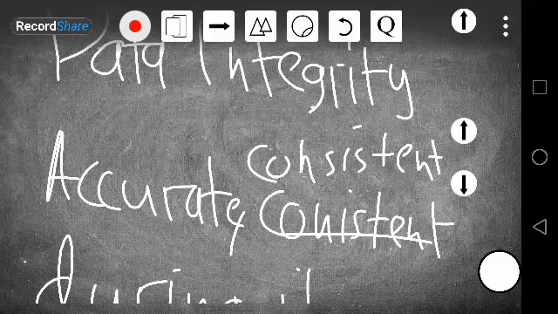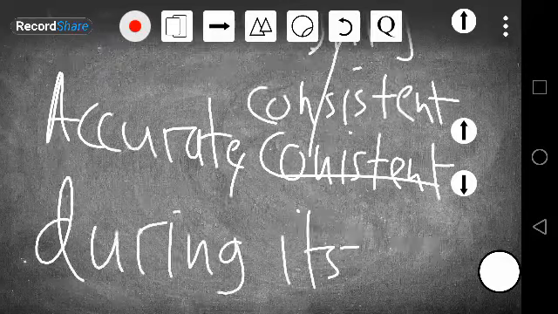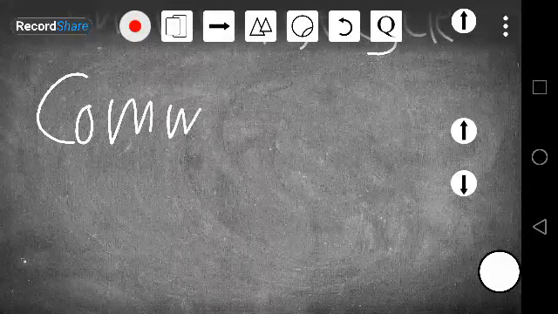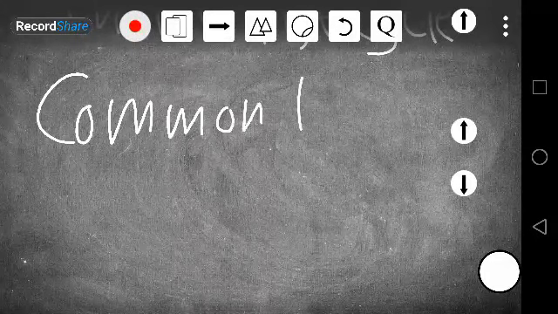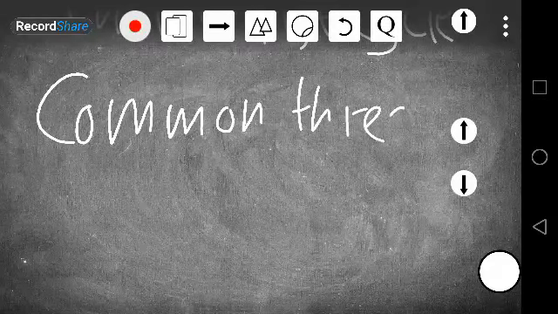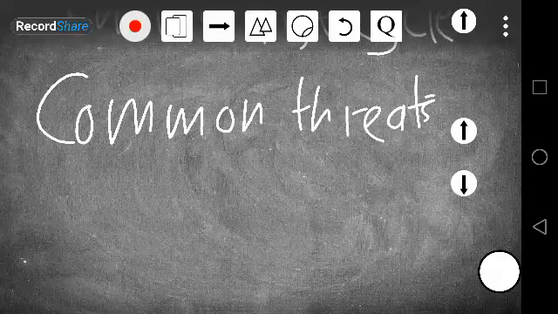So we also want to look at common threats of a computer system. Now, what are the common threats of a computer system?